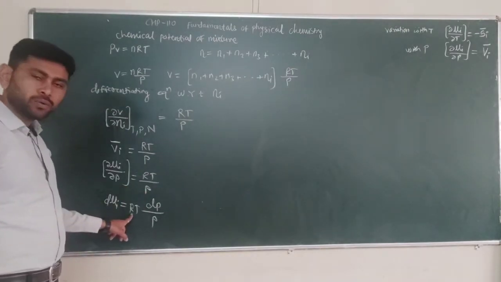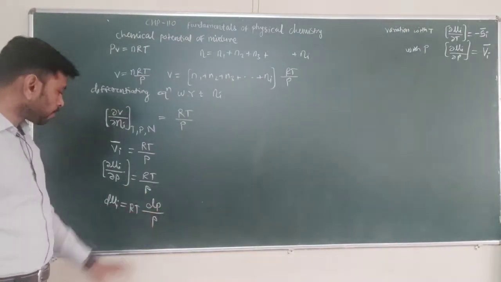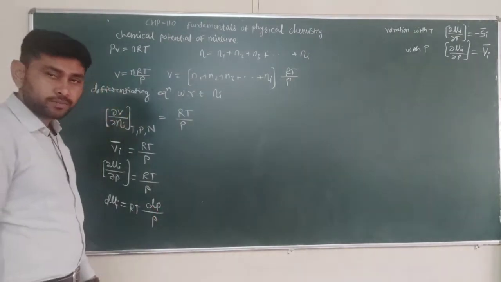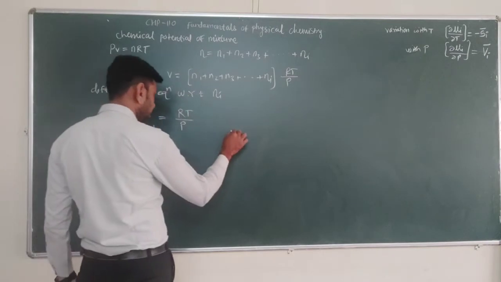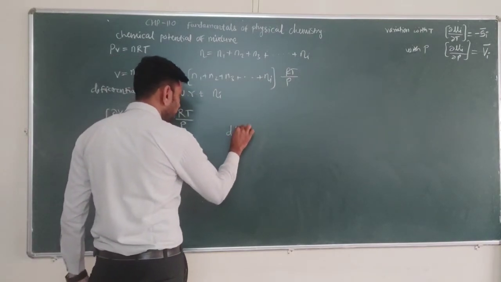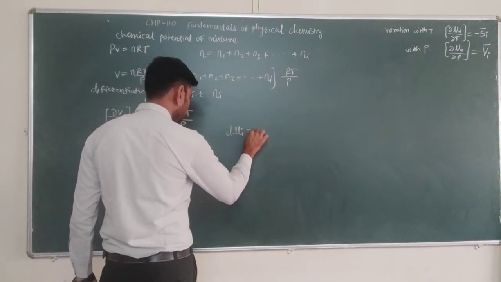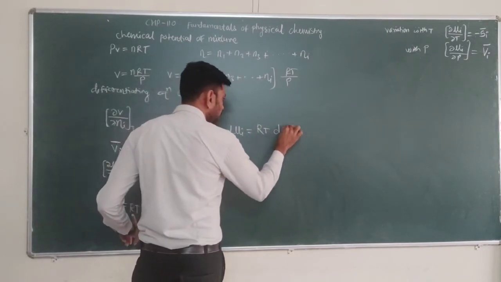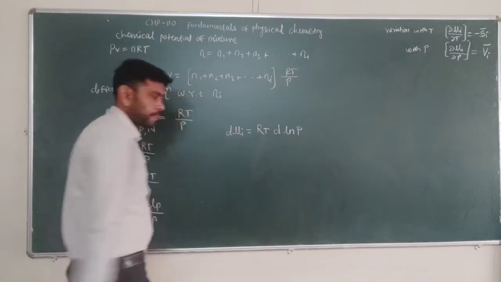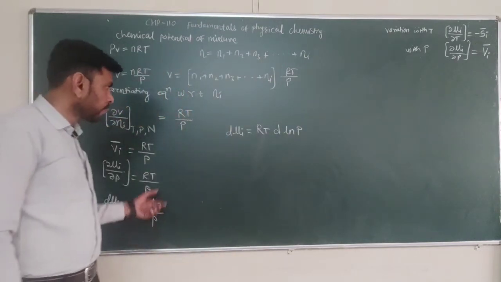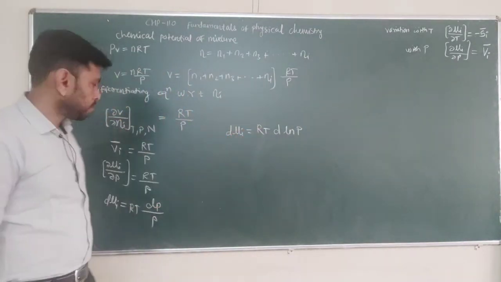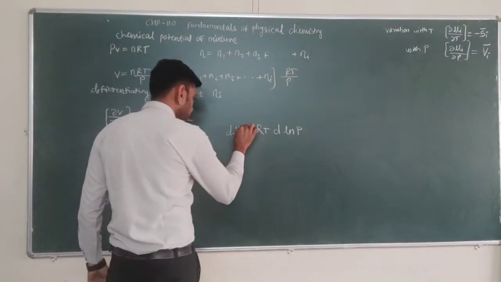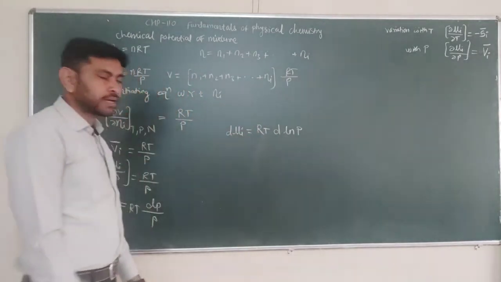This dP upon P, in terms of differentiation, can be written as d ln P. So d mu i equals RT d ln P.